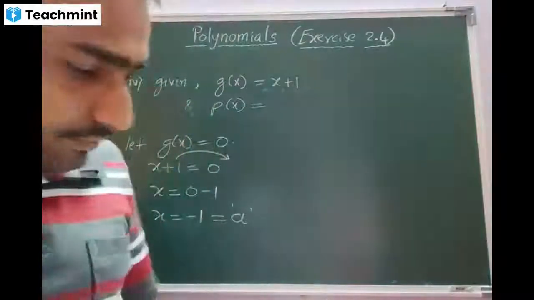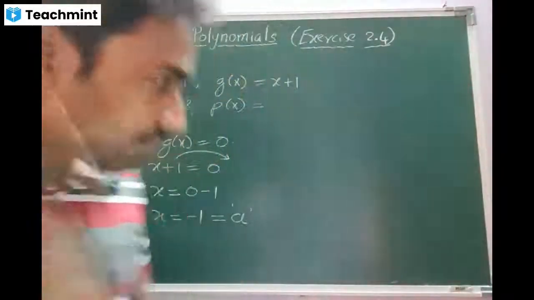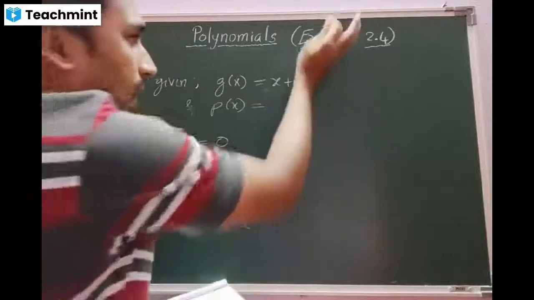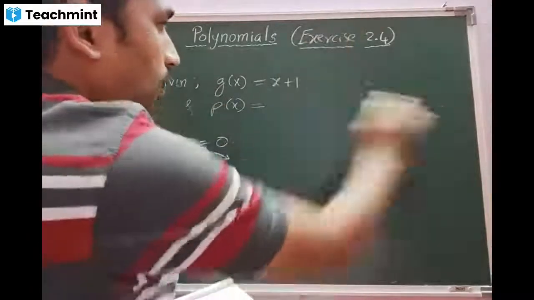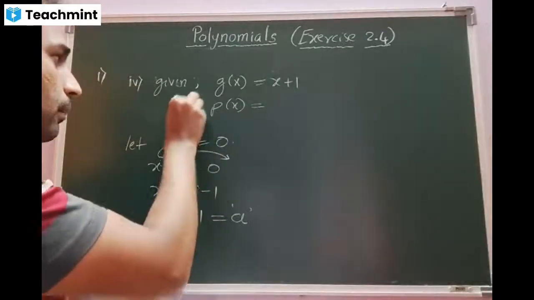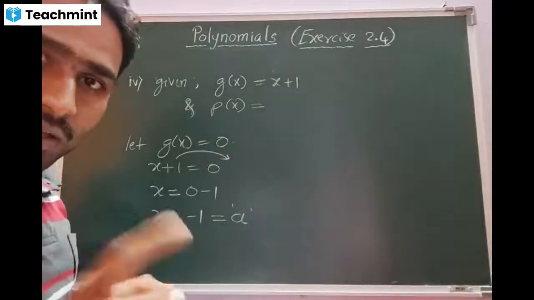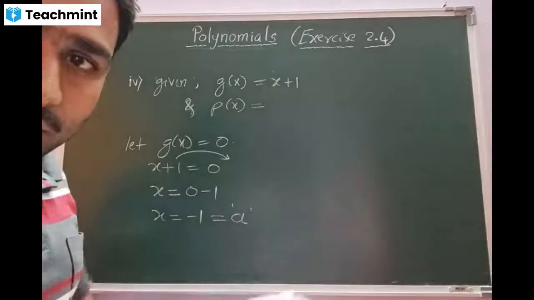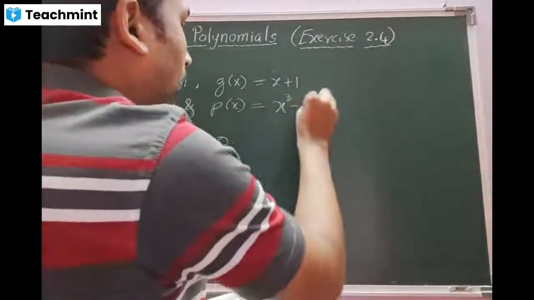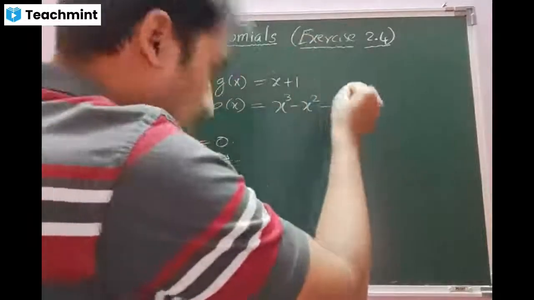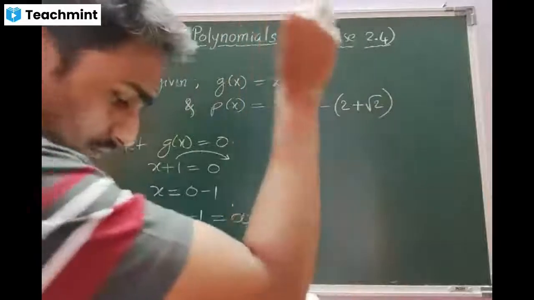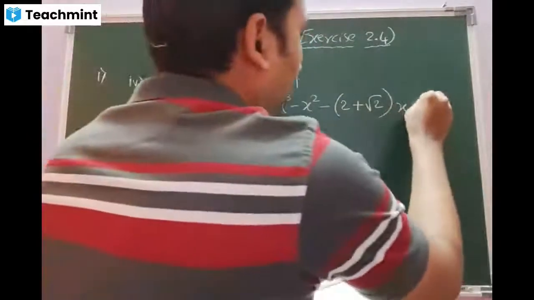Okay, sir. First main, fourth one. Given g of x, the divisor remains the same. There is no change in the divisor according to the question. But the dividend p of x will be changed. Pratibha, read the dividend. X cube minus x square minus bracket 2 plus root 2 bracket close x plus root 2.